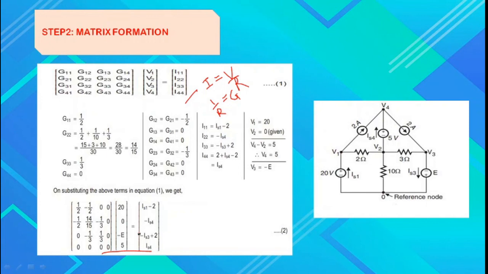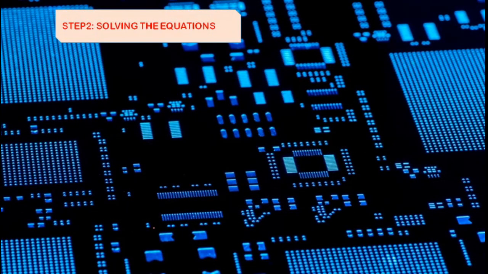Now when we consider the second row, here that is minus 1 by 2 into 20 plus 14 by 15 into 0 minus 1 by 3 into minus E plus 0 into 5 is equal to minus IS4. Since we already know the IS4 value, we are going to use that and substitute in this particular equation here.